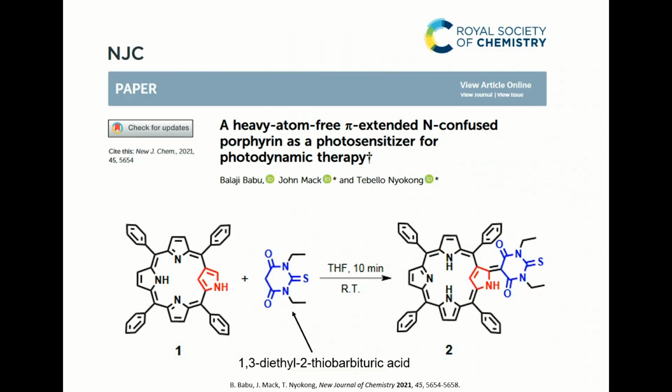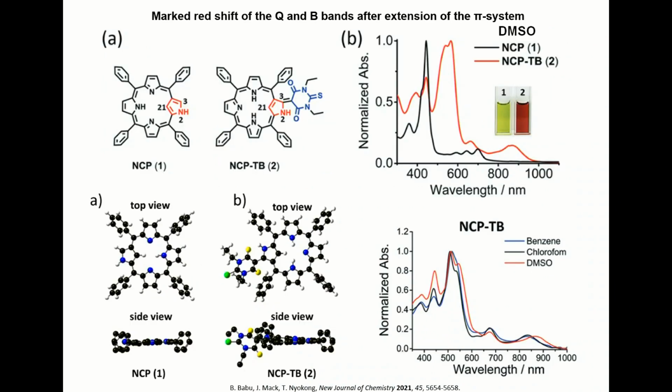So by carrying out molecular modeling, we were able to decide that extending the pi system with a thiobarbituric acid group like so might be an interesting change to make. And that enabled us, we started off about 600 nanometers, now we're past 800 nanometers by flipping a nitrogen atom to the outer portion of this pyrrole and extending the pi system with a thiobarbituric acid.